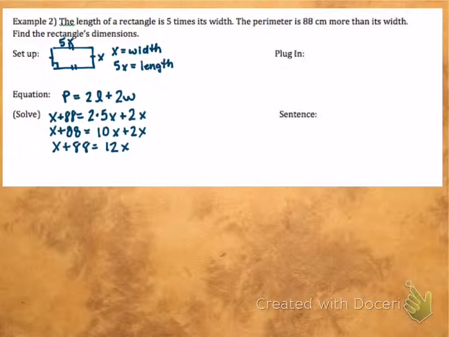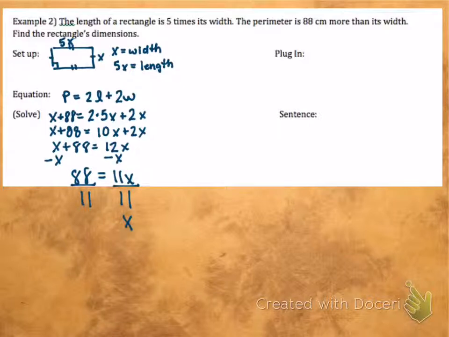To do that, I'm going to subtract x off each side. And that's going to give me 88 is equal to 11x. And then I can divide both sides by 11. And I get x is equal to 8.